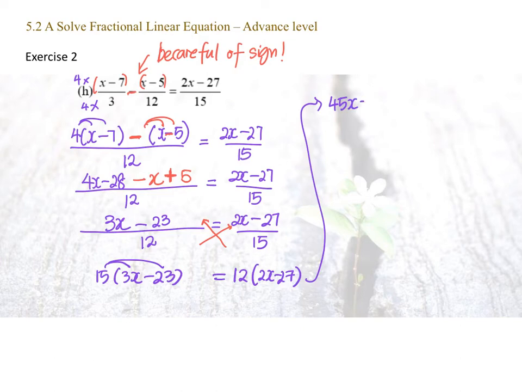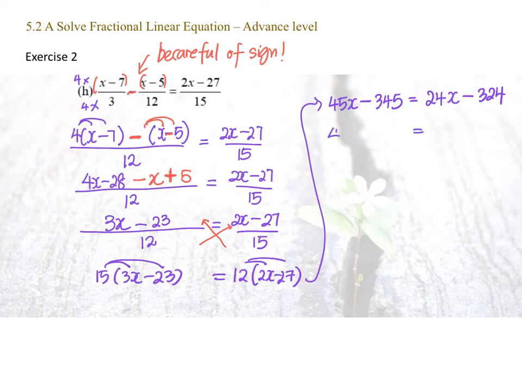We will get a total of 45x minus 345 to be equal to 24x minus 324.